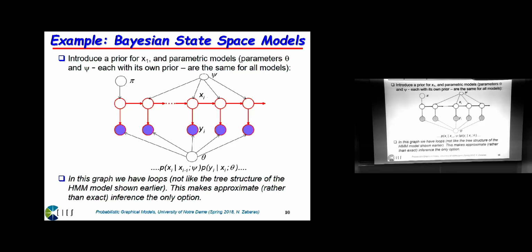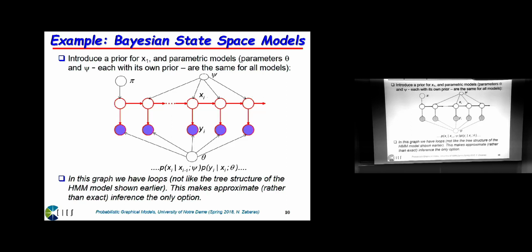So basically the parameters that define, let's say, the dynamical model of how you go from x1 to x2 and x2 to x3, etc., the parameters psi are the same. Okay, so this is what is called parameter tying, so you use the same parameters to describe the dynamics and the same parameters to define the observations.